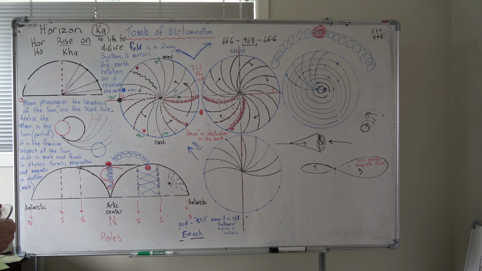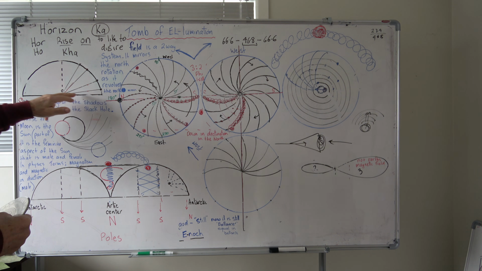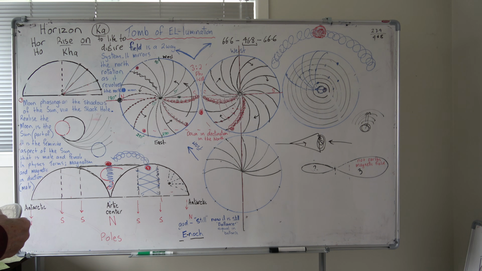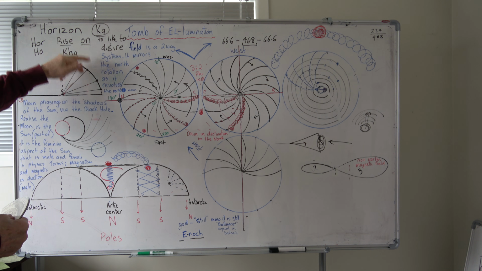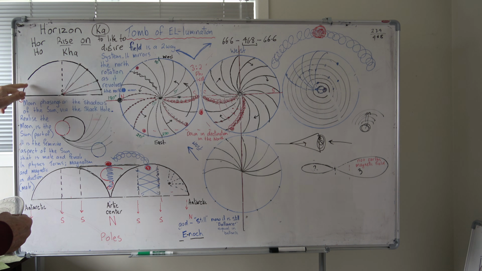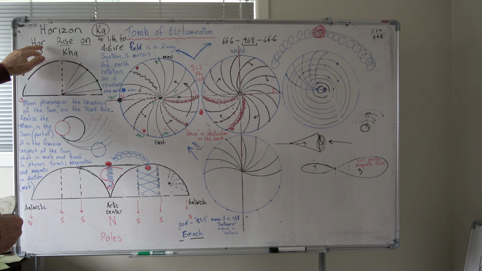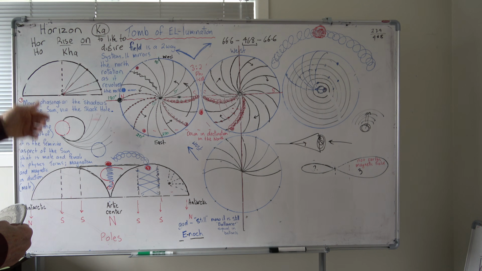And after you've done that, you start looking into the word horizon. Man's horizon. Where did that word come from? Well, it's quite obvious. Look, rise on. Everything rises up on his arc of horizon. So you want to look up ho. Okay? Then you start getting into other words. So we'll go into that.